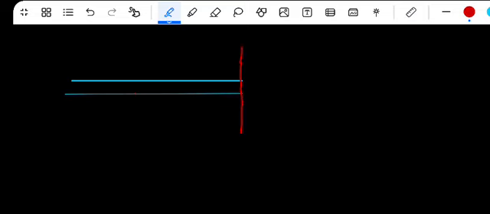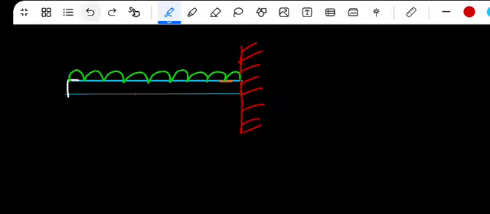We know that. So what is UTL? You'll have a distributed load here, like UTL. Let me use a different color, okay, green. You know this from N4, N5. If you have the UTL, this beam will bend in this format. I will show you.